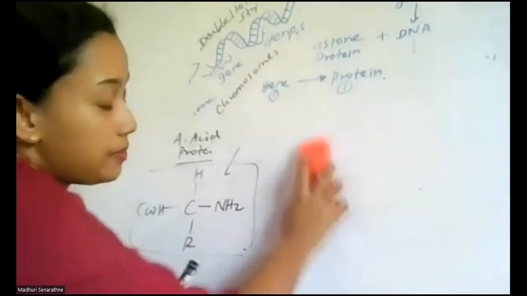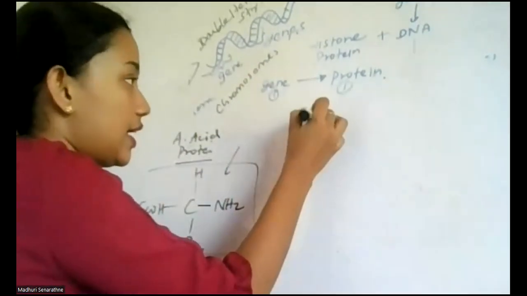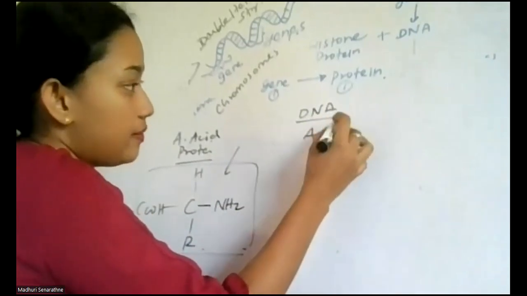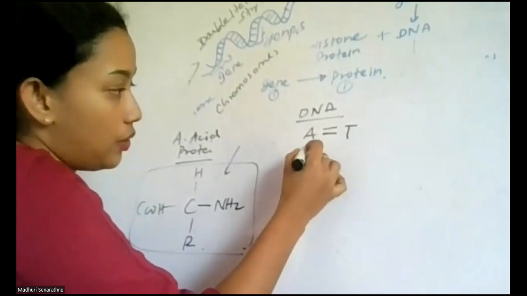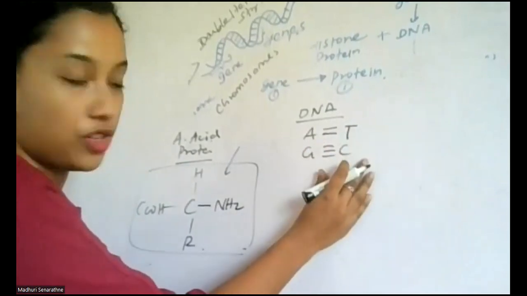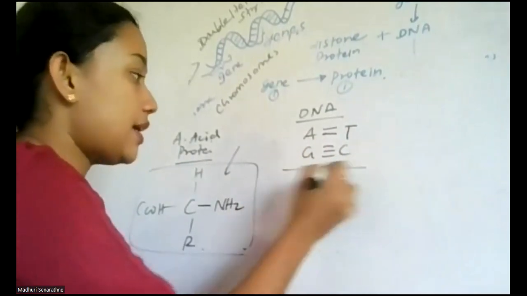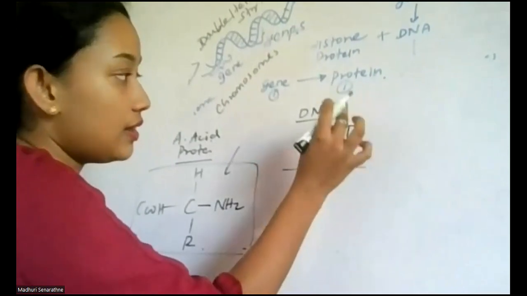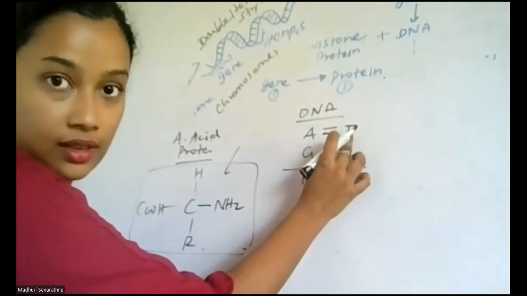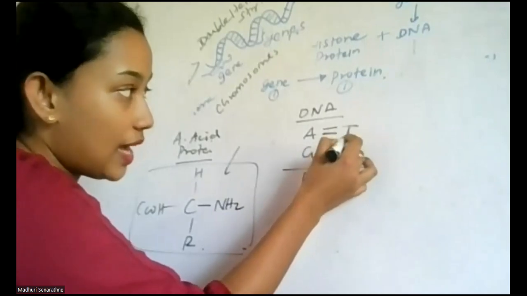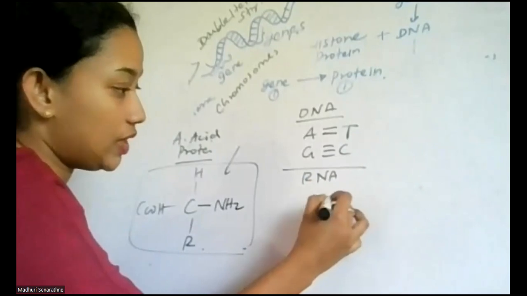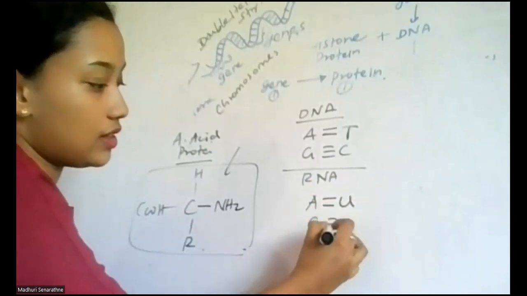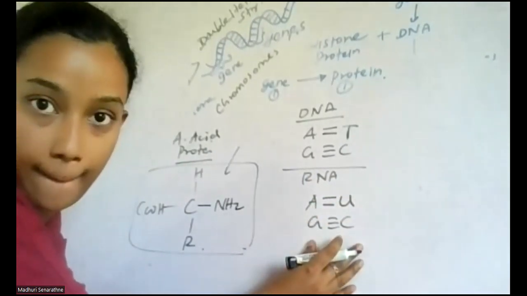Later you will learn that in DNA, adenine makes hydrogen bonds with thymine, and guanine makes hydrogen bonds with cytosine. But in RNA, we can't see thymine. We replace thymine by uracil in the structure of RNA. Adenine with uracil, guanine with cytosine as previously.